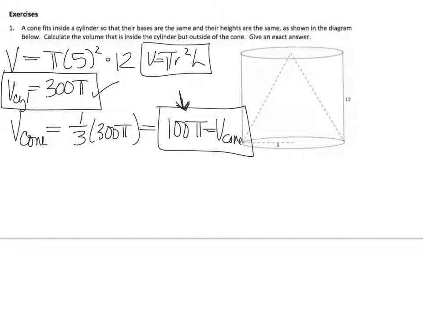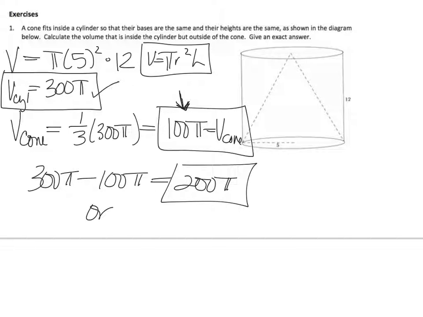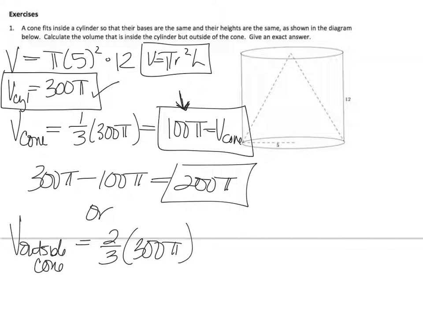So outside the cone would be the difference. You can do 300 pi minus 100 pi gives us 200 pi, which is the answer. Or, I don't know why I drew a C, the volume outside the cone. If 1/3 of it's inside, then 2/3 are outside. Two different ways to get the same answer.